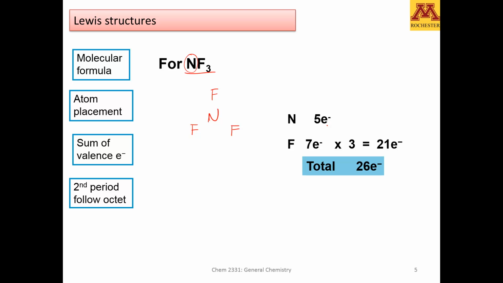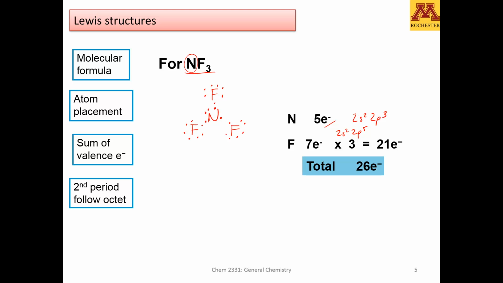We know that nitrogen has 5 valence electrons, remember, it's 2s2, 2p3, and each fluorine has 7 valence electrons, 2s2, 2p5. If you place them around, you can have 1, 2, 3, 4, 5, 6, and 7 for each fluorine. For nitrogen I have 1 here, 1 here, 1 here, and I'm already placing these.